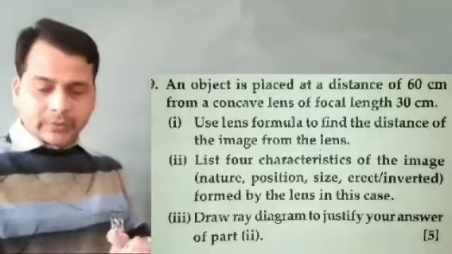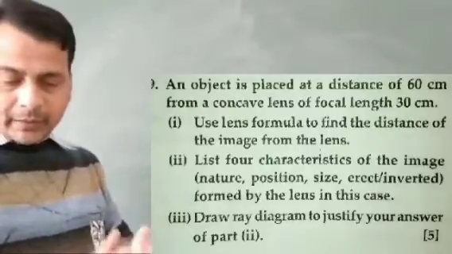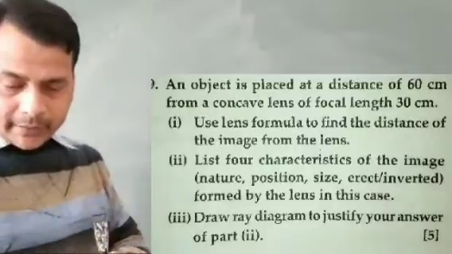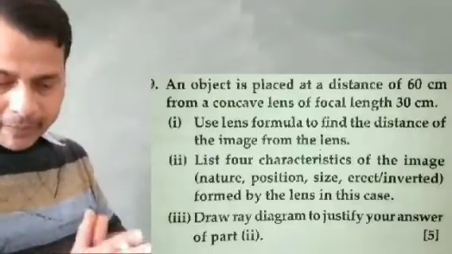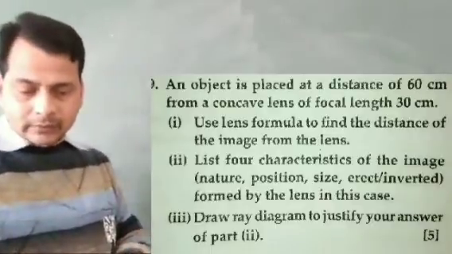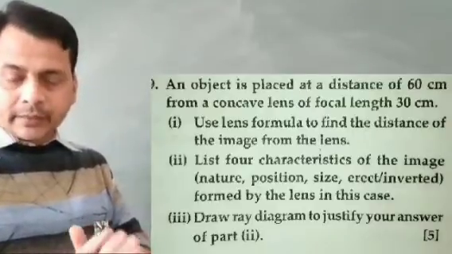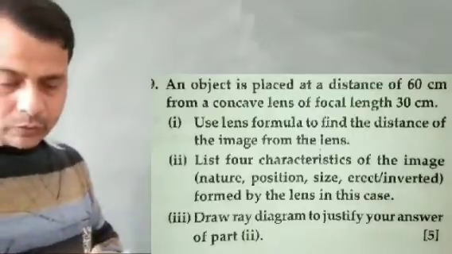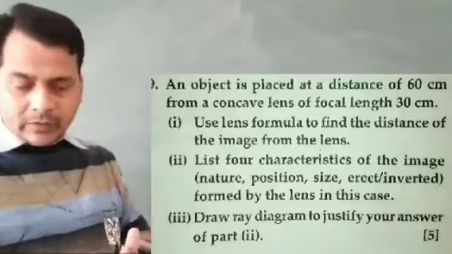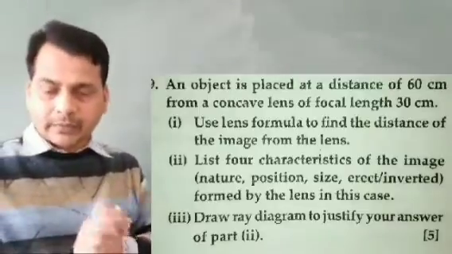Here is the next question of this question paper: an object is placed at a distance of 60 cm from a concave lens of focal length 30 cm. Use the lens formula to find the distance of the image from the lens.